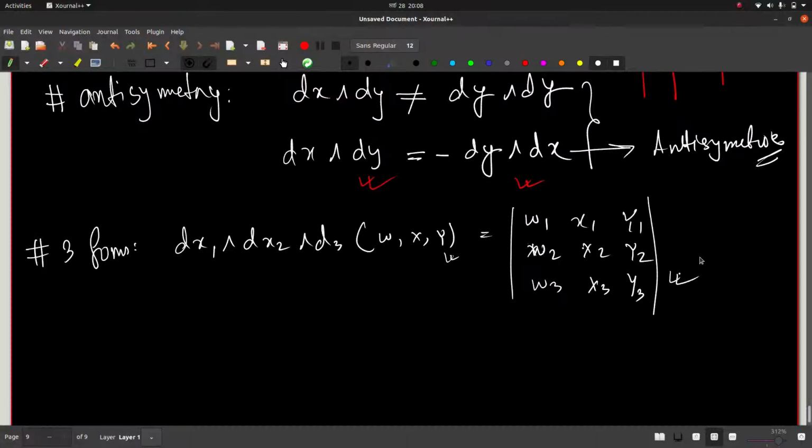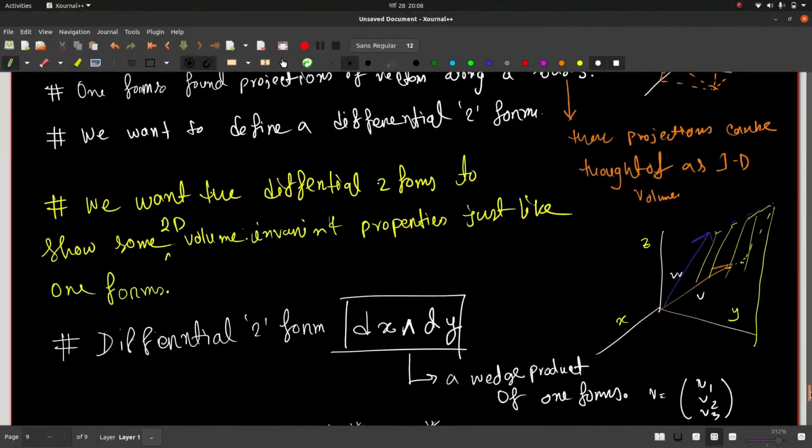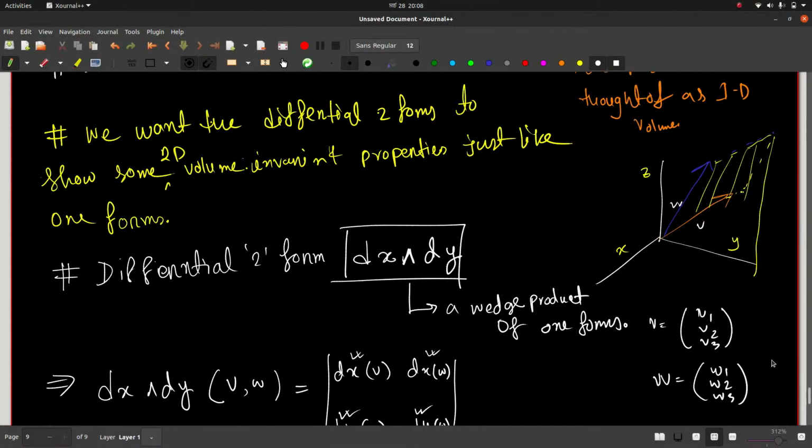And now what about differential 4 forms, 5 forms, 6 forms, or let's say differential n forms? How do you write those things? Just like this. And now comes the interpretation of this wedge product. So just like differential 1 forms, let's say you take dx, and what it does is it takes the vector and measures the projection along this basis, right? This is the basis.